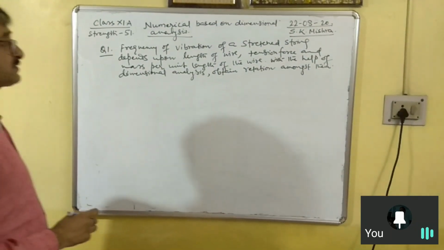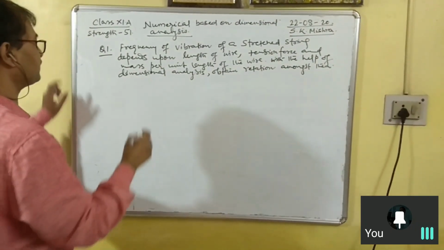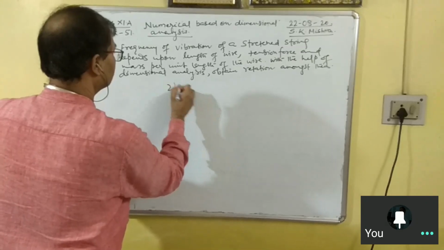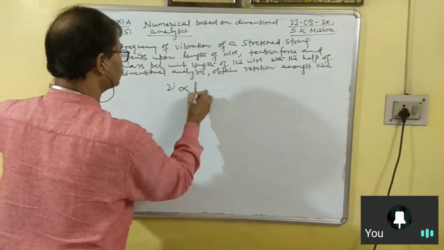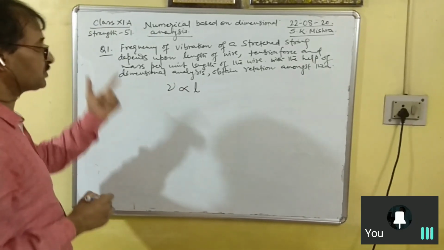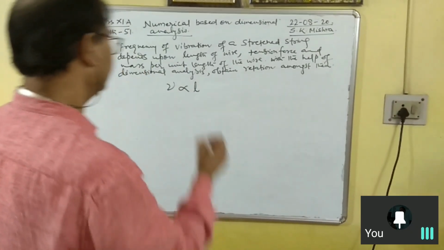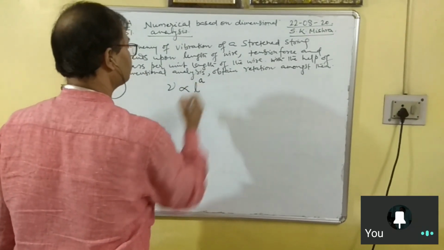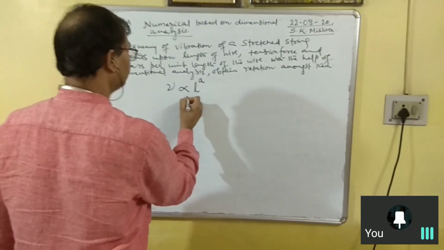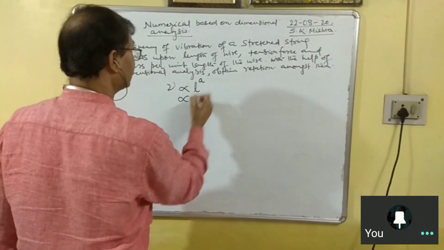So frequency of vibration of a stretched string, nu, depends upon the length of the string. The power of length is not known to us. Okay, let the power be A. And this also depends upon tension force.